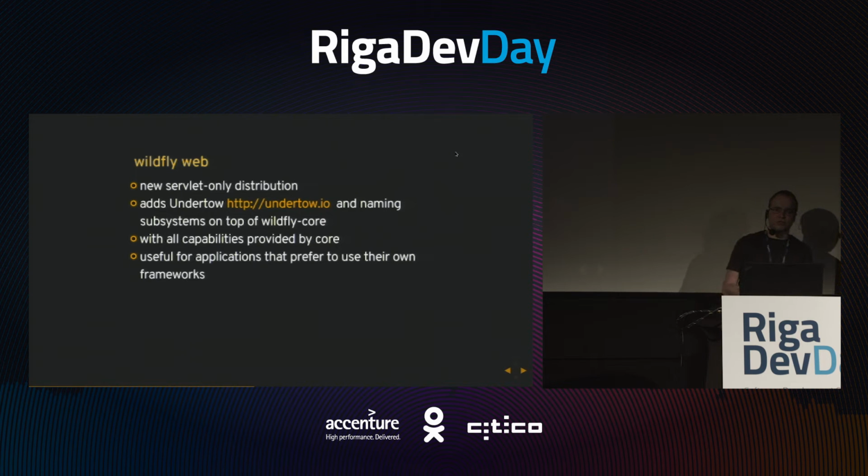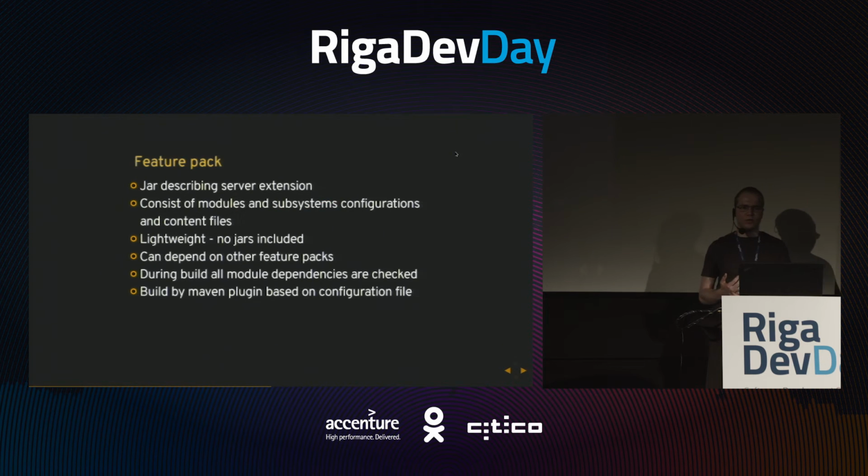Just a few words about the tools that I was talking about. I won't be getting into details here, as it requires technical knowledge of WildFly internals. So I will just describe the main ideas behind it. There is a feature pack concept. A feature pack is essentially a jar describing part of the server functionality.